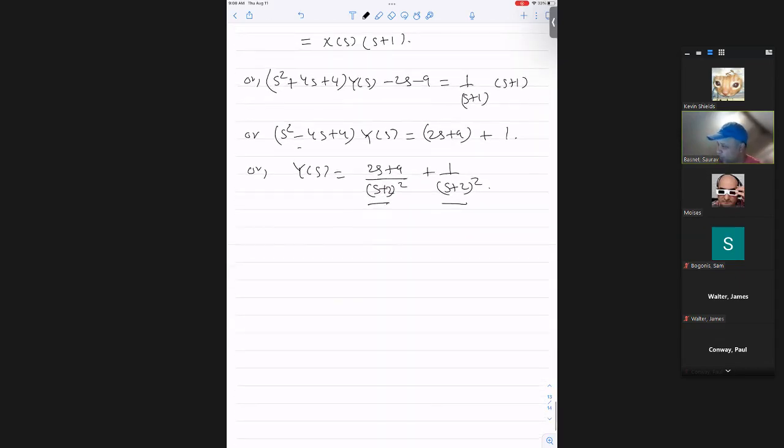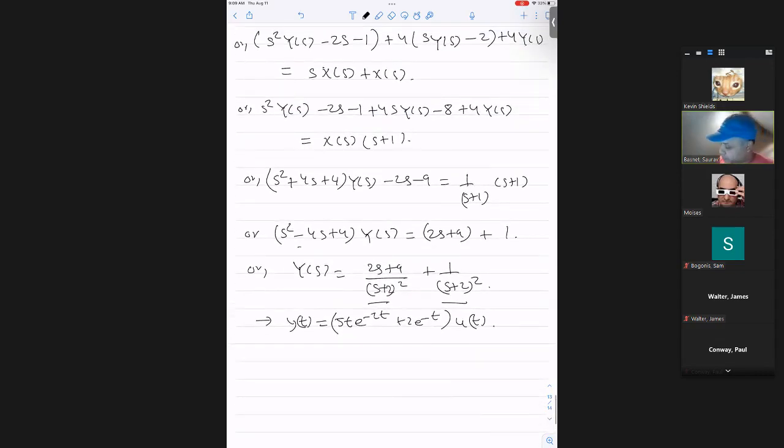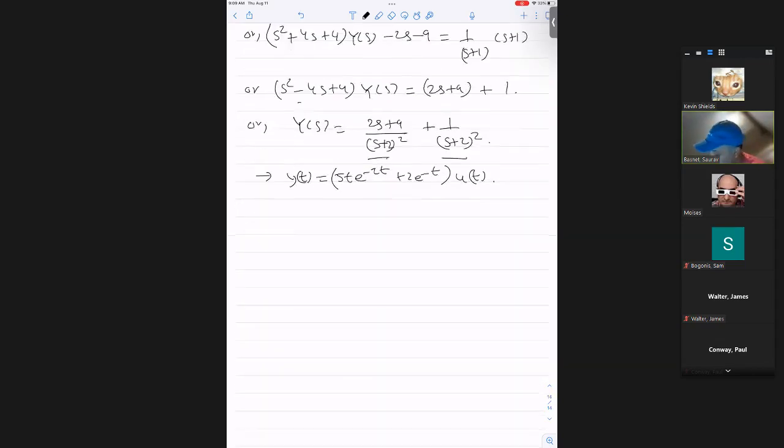Just put it there. So if you do that, you get your y(t) is 5t minus 2t plus 2e to the minus t, u(t). Okay, please do this. Is it okay, guys? Yeah, easy. Some of you who are very rusty at Laplace and inverse Laplace, make sure you practice that.